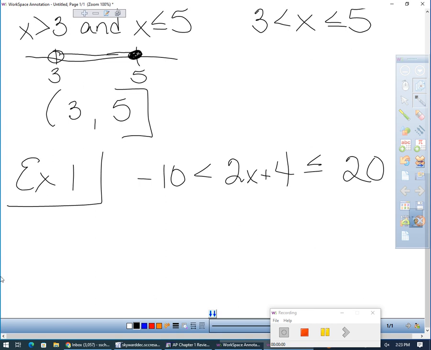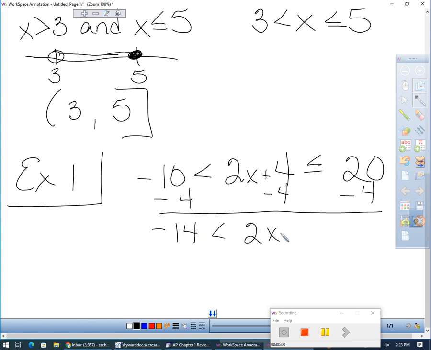The idea is we want to get the x by itself in the middle. Whatever we do to the middle to get x by itself, we have to do to both ends. So the first thing is if I want to get 2x by itself, I'm going to subtract 4. Well, if I subtract 4 from the middle, I have to subtract 4 from both ends. So negative 10 minus 4 is negative 14, less than 2x, less than or equal to 16.